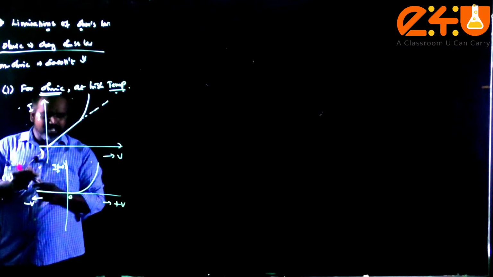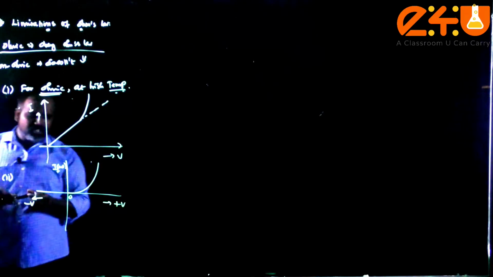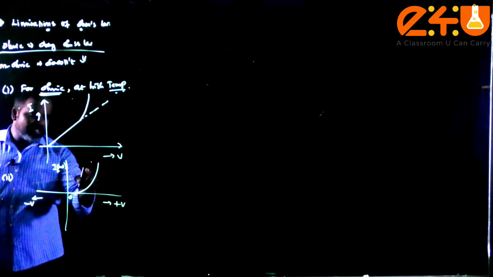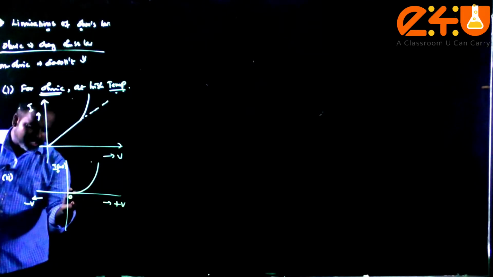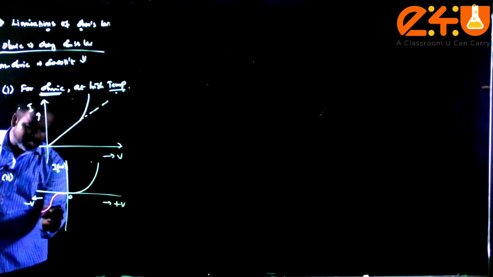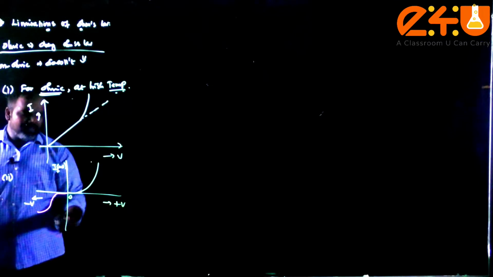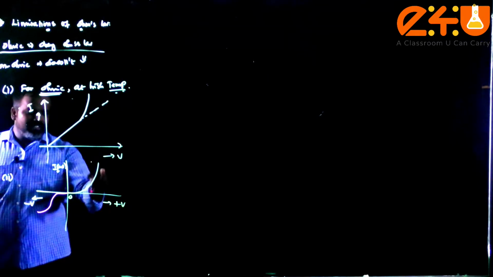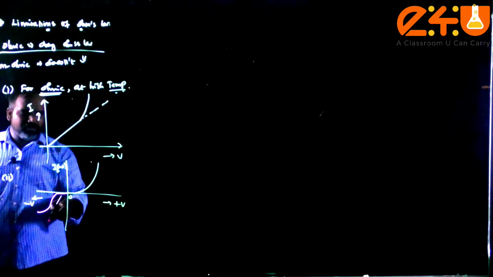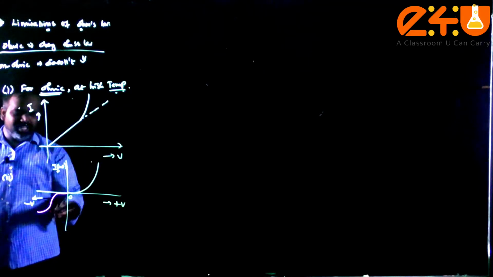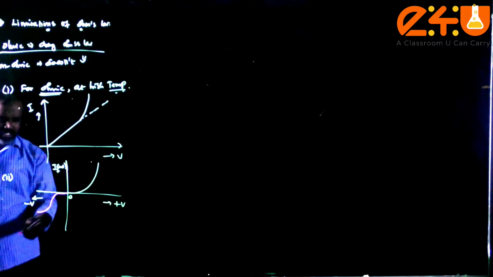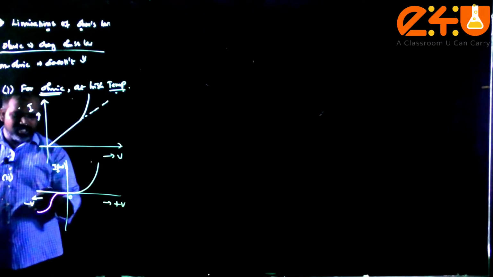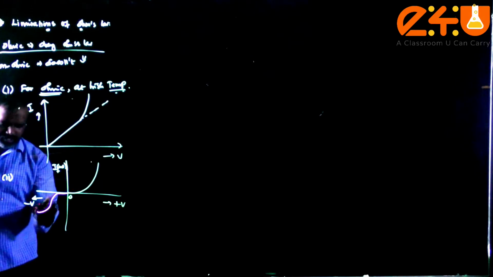But for the same material, for the same amount of voltage applied in reverse, the shape of the graph will be changed like this. That means when the sign of the applied potential reverses, the variation of current and voltage also differs. That is another drawback: there is no symmetric variation for positive and negative voltage applied to the system.